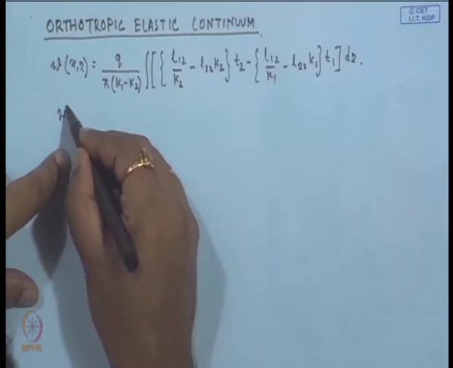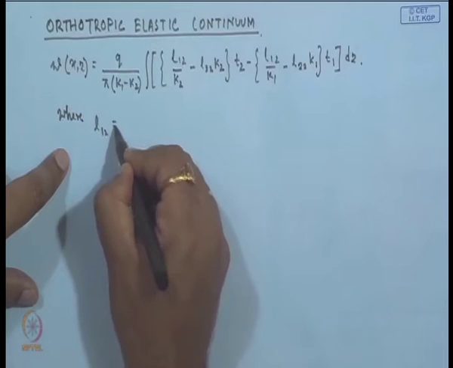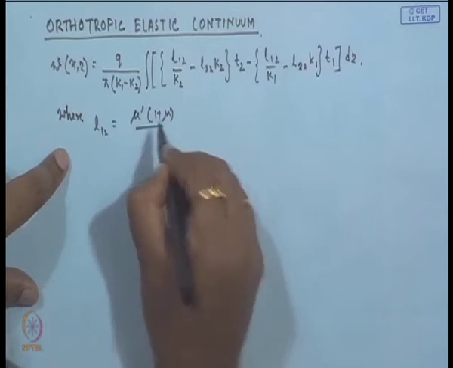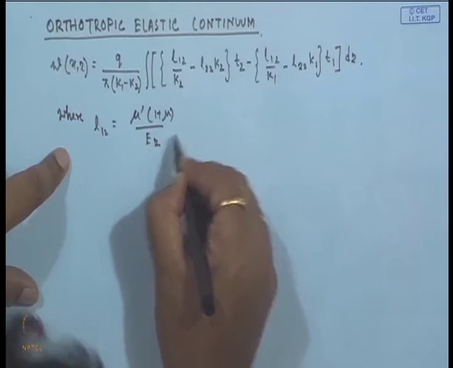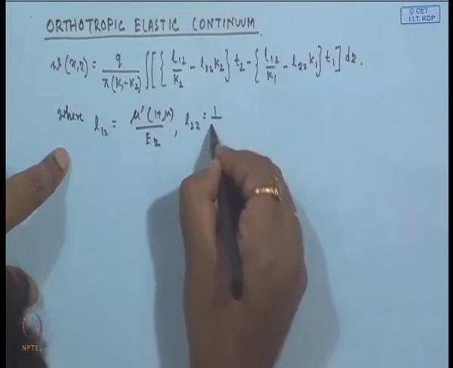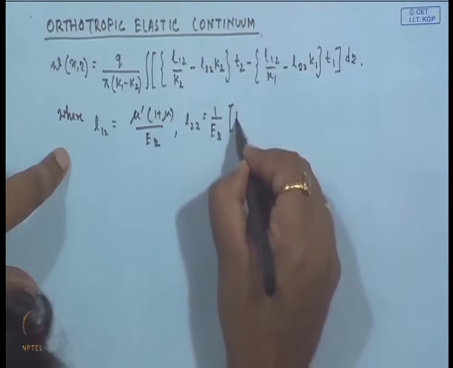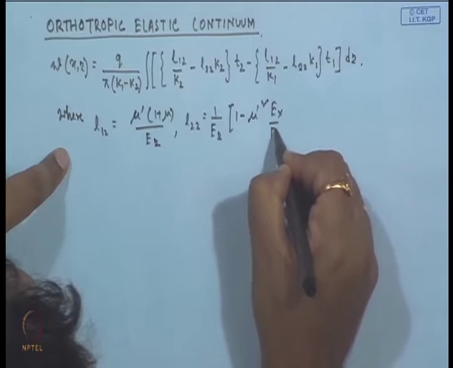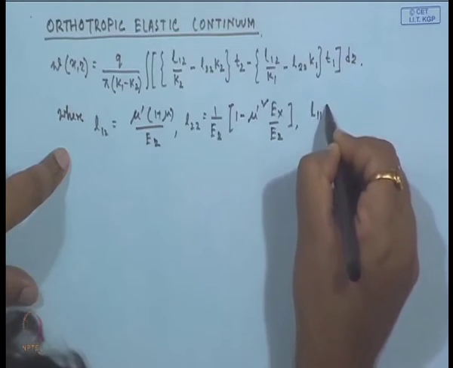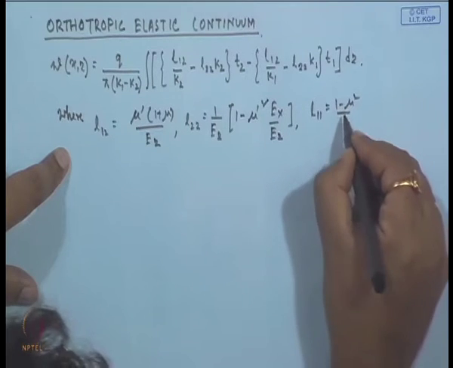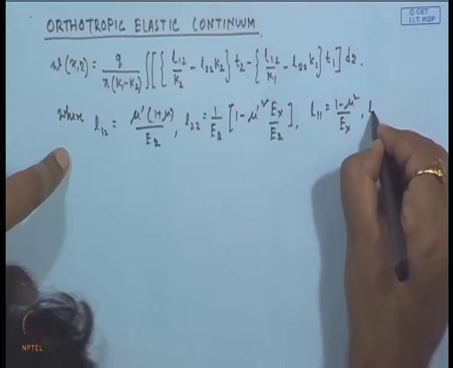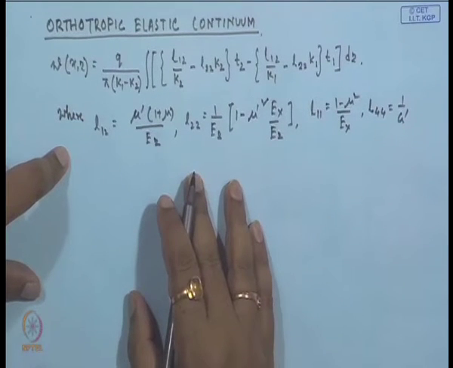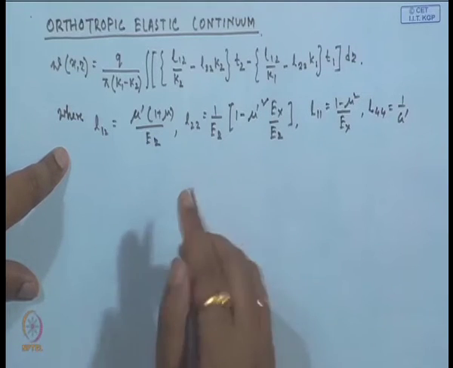So, here L12 is mu dash (1 plus mu) divided by E z, L22 is equal to 1 by E z (1 minus mu dash square E x by E z), L11 is equal to (1 minus mu square) by E x, and L44 is equal to 1 by G z dash.